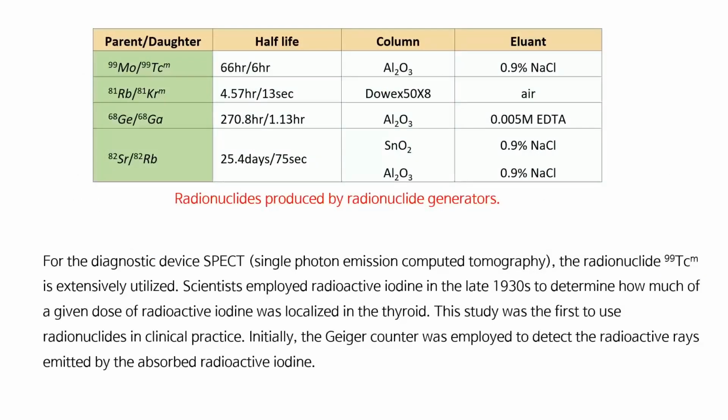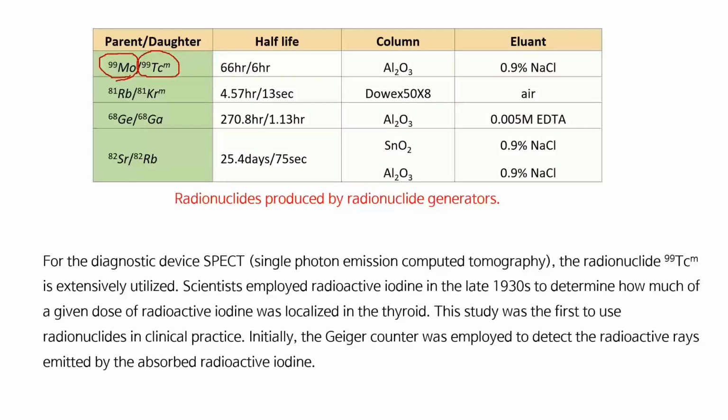This table shows the radionuclides produced by radionuclide generators. This is the parent radionuclide, and this is the daughter radionuclide.